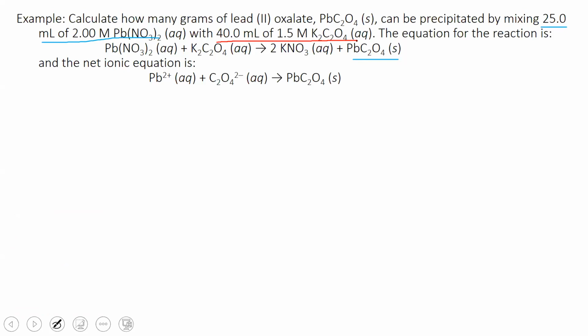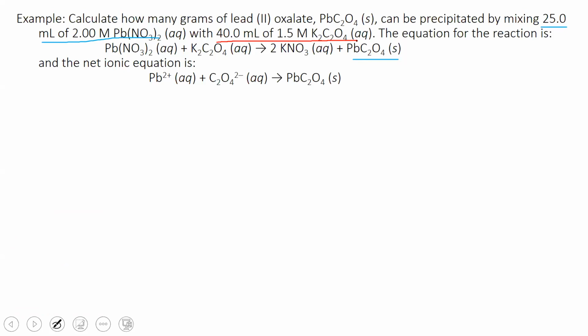When you have moles of both reactants and you want to find out how much of a product you're producing, this is a limiting reactant question. You want to find that limiting reactant first, and then, based on the number of moles of product, you can calculate the grams of that product.